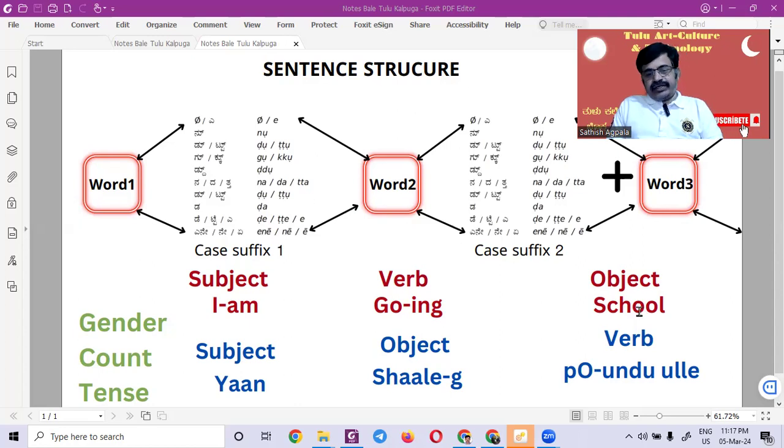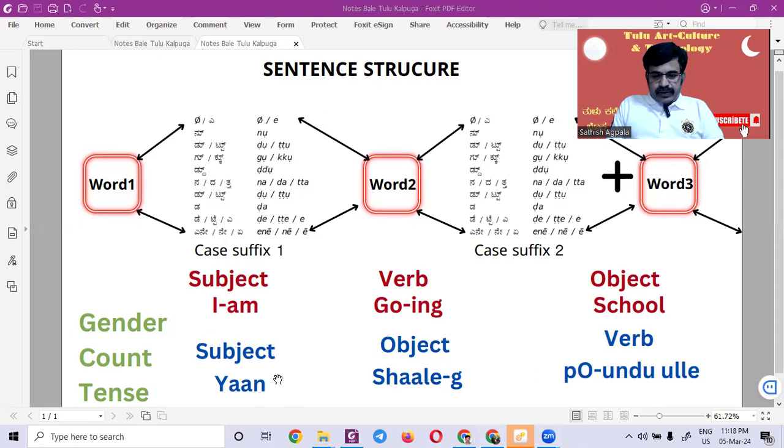In Indian languages, the verb will almost always be used at the end. In English we can use only one way, but in Indian languages you can use either way also.